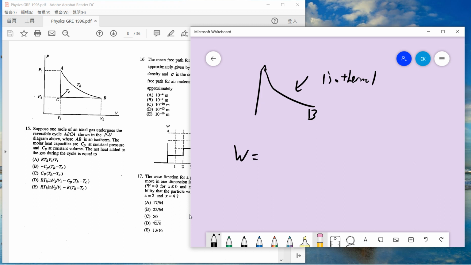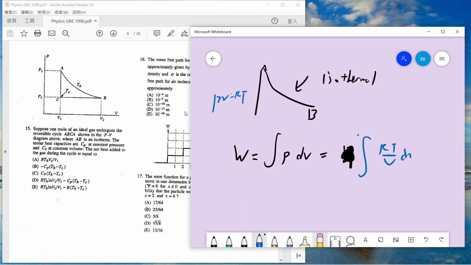For isothermal, the work is the integral of P dV. Remember PV equals RT, so this is RT over V dV from V1 to V2. So we have the work, which is this one.